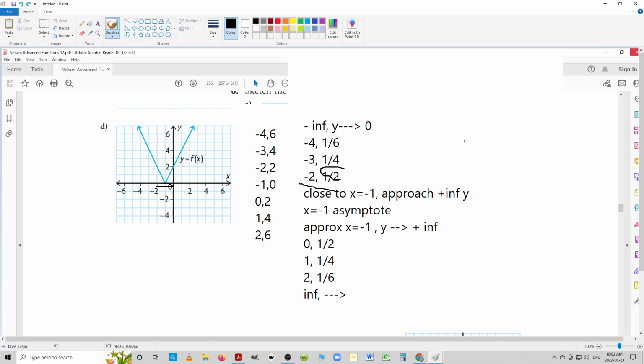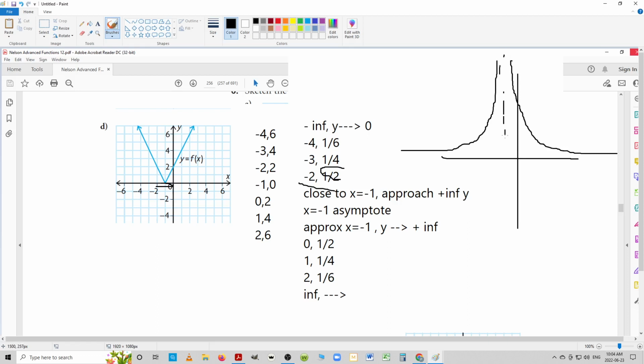Okay, so that tells me that my graph should look something like this. And this is going to be x equal to minus 1. And that's because the reciprocal, which is roughly, I think it's going to be like x plus 1, probably stretched or something, probably 2.